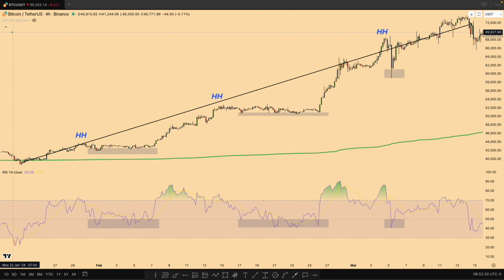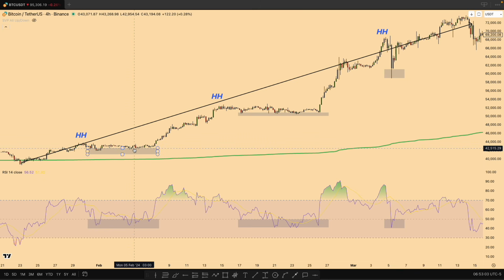You then want to wait for the RSI retest. So the RSI pulls back but does not break below 40 to 45 around that equilibrium level. Your entry then comes when the RSI reclaims or finds support in and around that 50 level, ideally with bullish price structure.